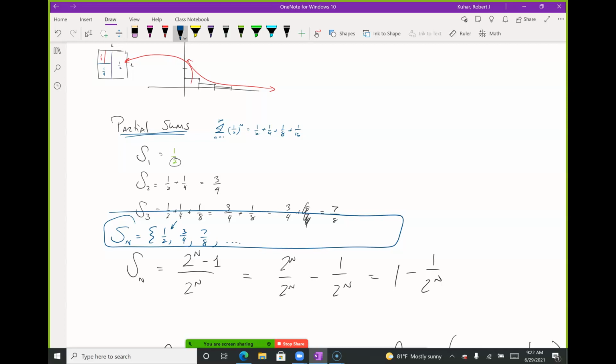The first term of the sequence is the first sum. What's the next term of the sequence? It's the second sum. It's adding up the first two terms. So that very last term, which we figured out is (2 to the n minus 1) all over 2 to the n, that one is the sum. So the limit of the sequence is the sum of the series.